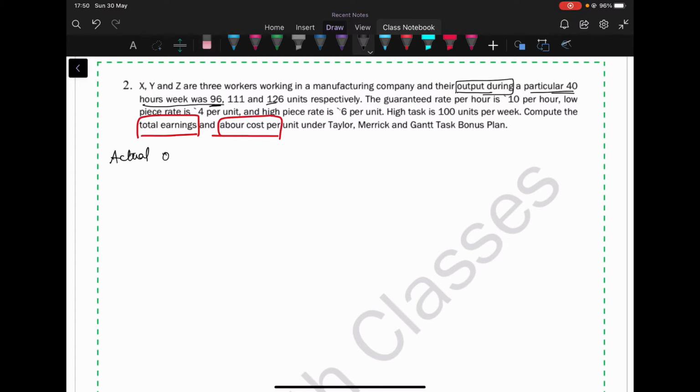For A, B, C it is 96, 111, 126 respectively. Guaranteed rate per hour is 10 rupees per hour.